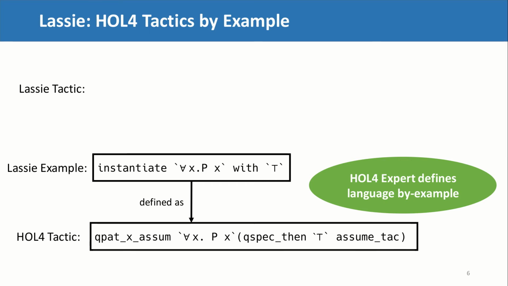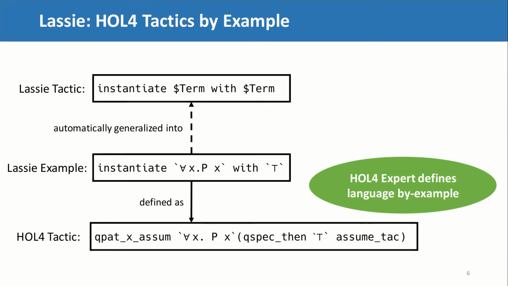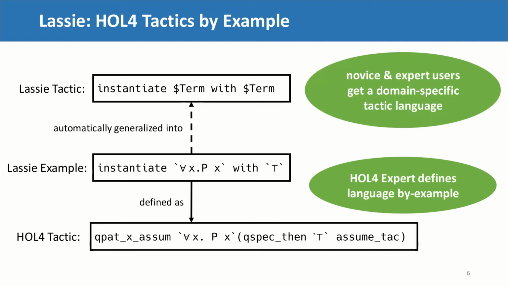By using an extensive semantic parser, Lassie will now automatically generalize this into the general tactic instantiate term with term, such that we get a domain-specific tactic language that can be used by novice and expert users alike.